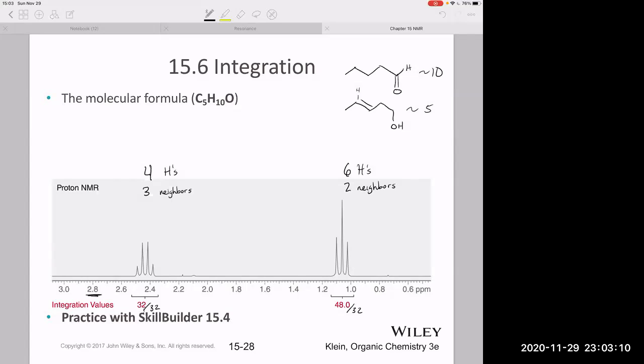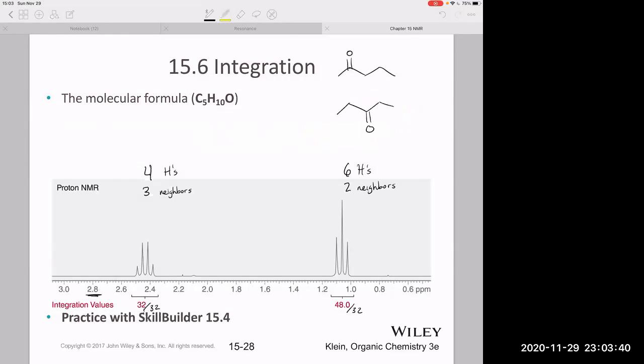So I know that there's not going to be this double bond in terms of being an alkene, and I know I'm not going to have an aldehyde. So now I'm really only left with a ketone or this ketone here, right? And so which one of these is going to be the case? Let me move this over here, see if we can go through the process of elimination.